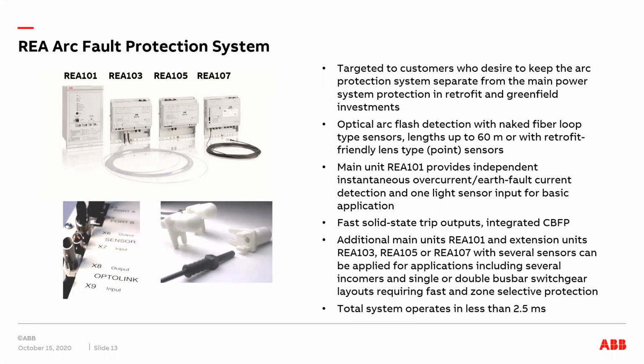But on the other hand, lens sensors have the benefit that if a certain lens sensor has reacted and it's indicated by the REA system, then you know the location where the arc fault took place.